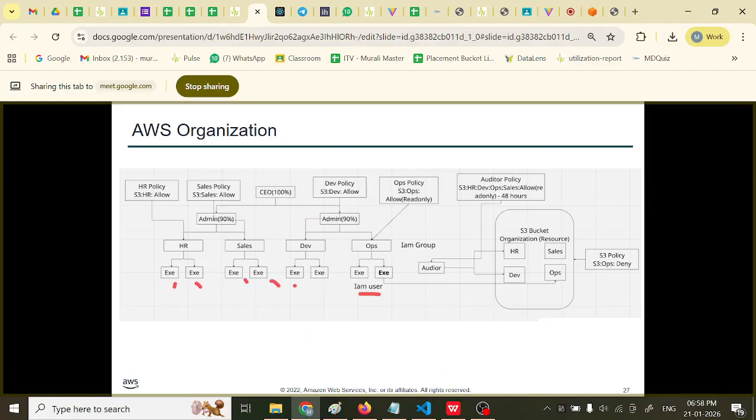The users we create are called IAM users, and this is called an IAM group.